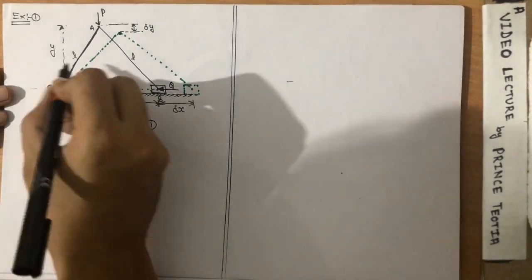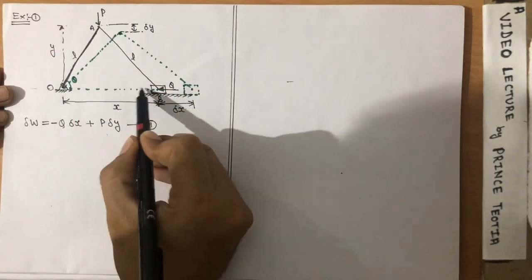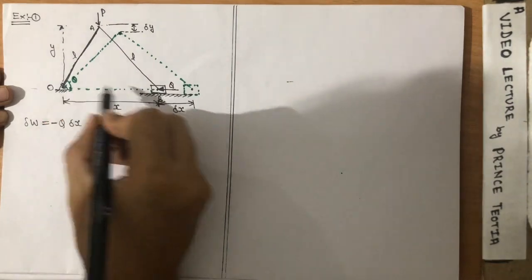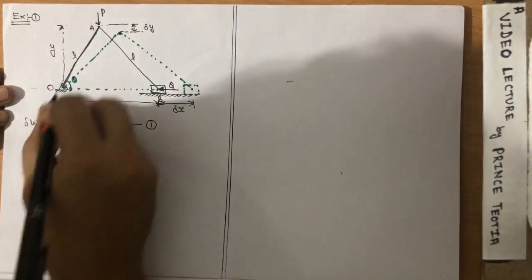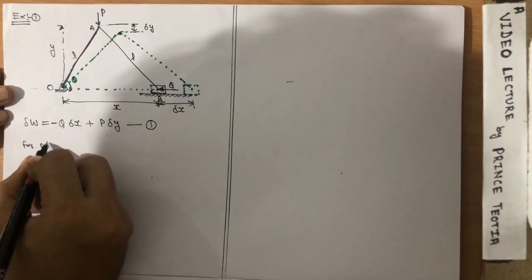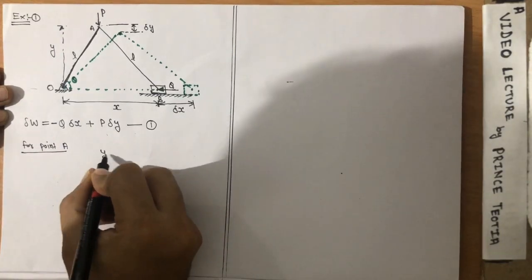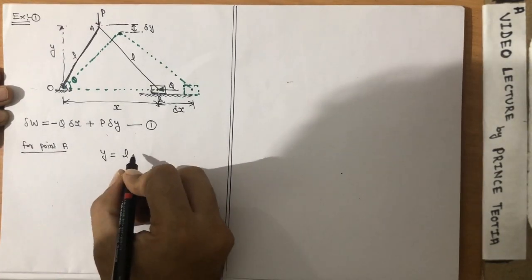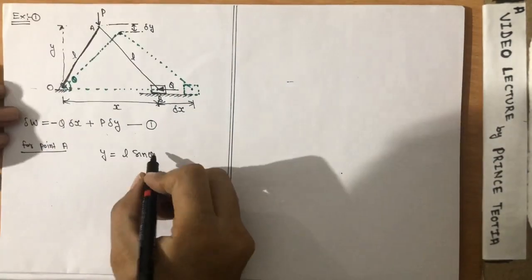Okay, so from the initial diagram we can find out y. What is the y? If this is theta, initial condition, for the initial condition this is theta for point A, y equals L sin theta.